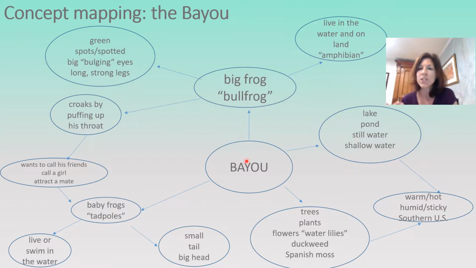And then as students responded to me, I would be mapping out ideas, mapping out categories, right, within the concept of the bayou. Okay, and I would be trying to connect the different things. Here's the bullfrog, and he's green, he's spotted, and he croaks by puffing up his throat, right?